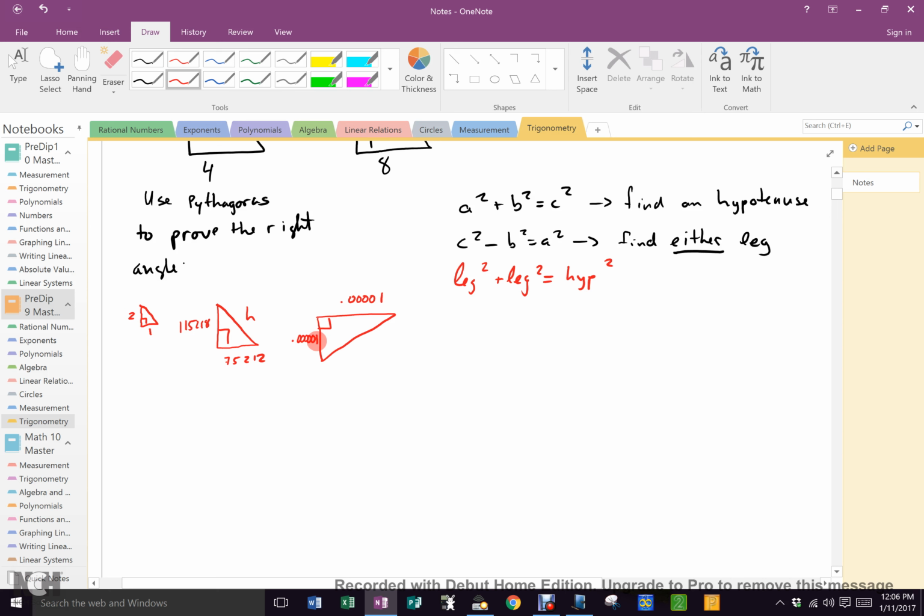How do you find the hypotenuse? Same thing. Does it matter that I turned it? No. Does it matter about the size? No. So what does that tell us? It always works. Pythagoras always works. Size doesn't matter, right? Everybody good? Okay, that's lesson 1 from today.